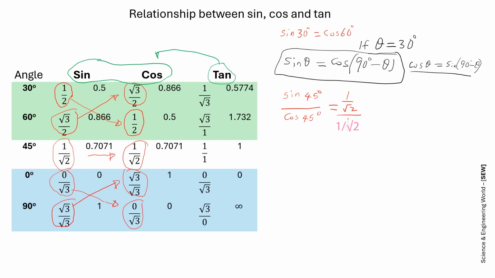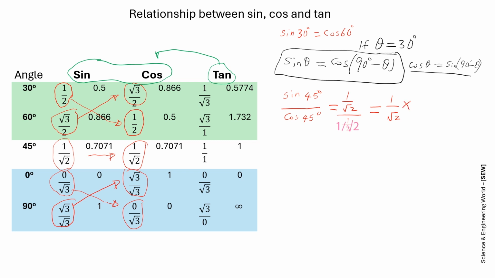So if I change the division sign to multiplication, then I can have 1 over root 2, and the denominator will be inverted.